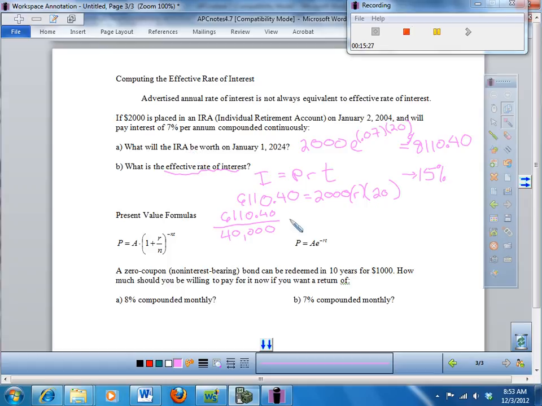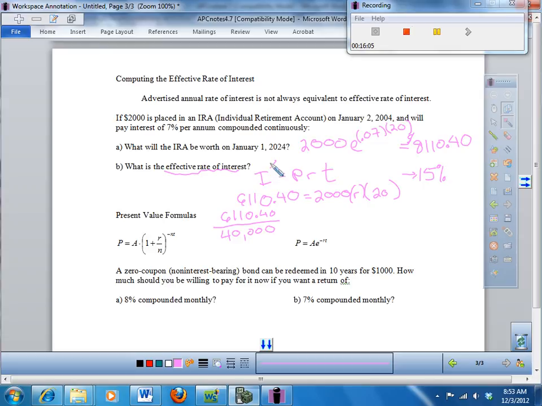So you're not really making 15%. You're making 7% per year. But since you're making that 7% on more and more money, you're actually making 15% on your original investment, which is pretty good.